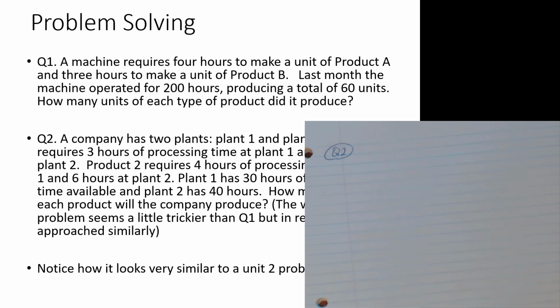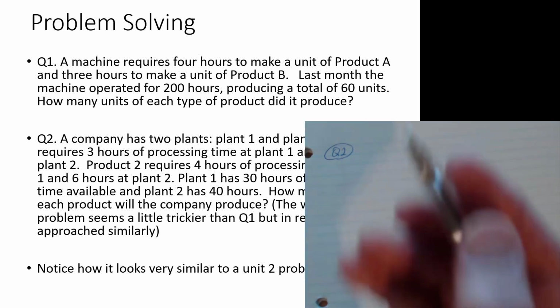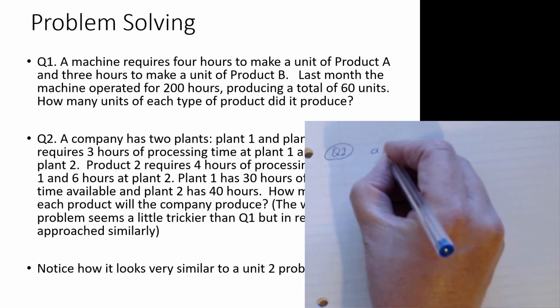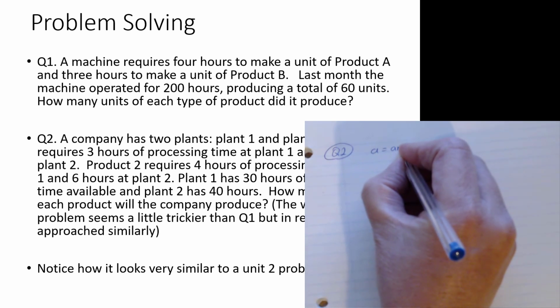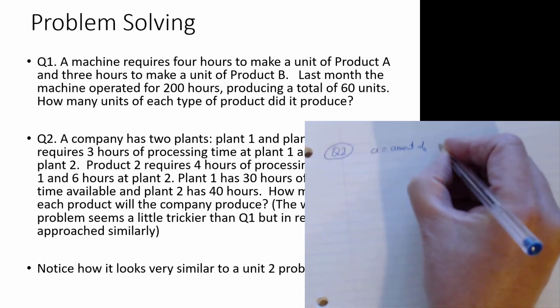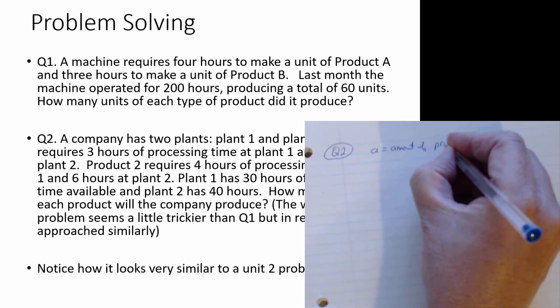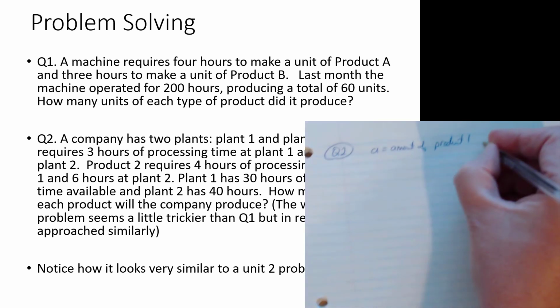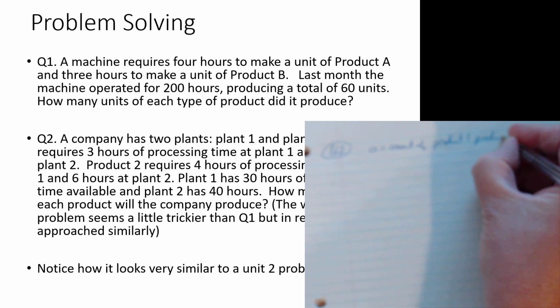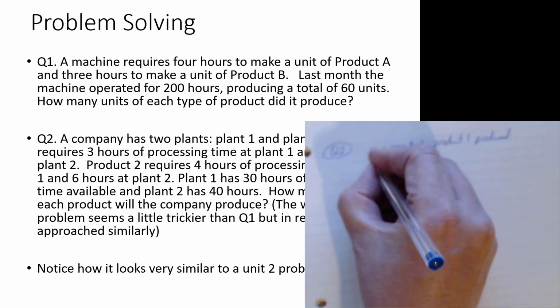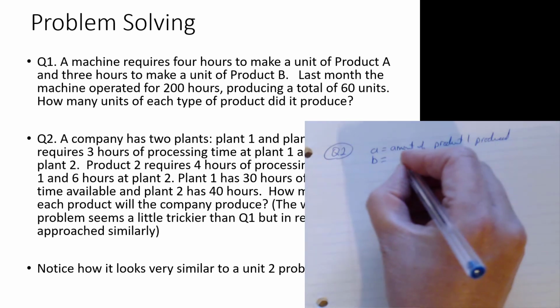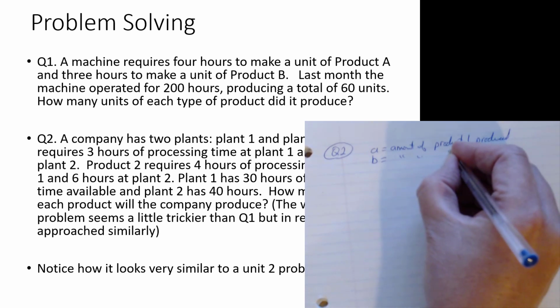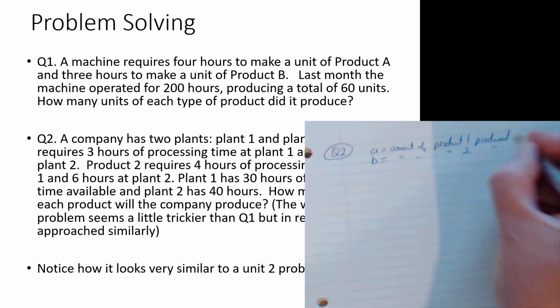Okay, so my variable is how much will we produce? So for instance, let's make A the amount of product 1 produced, and for lack of a better letter, B the amount of product 2 that's produced.